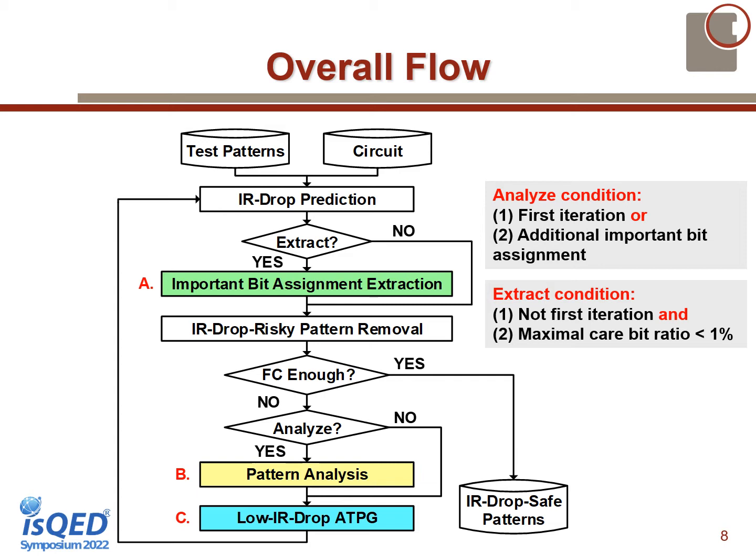Otherwise, we directly go through low IR drop ATPG. In this step, we regenerate test patterns to recover the fault coverage loss caused by removing IR drop risky patterns. Then we go back to the start of the loop to input regenerated patterns to the IR drop predictor.